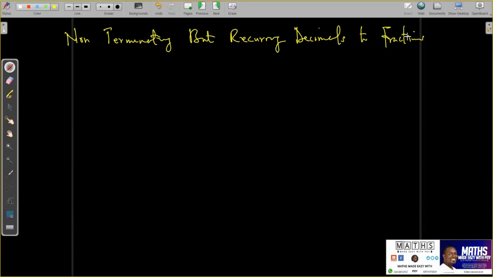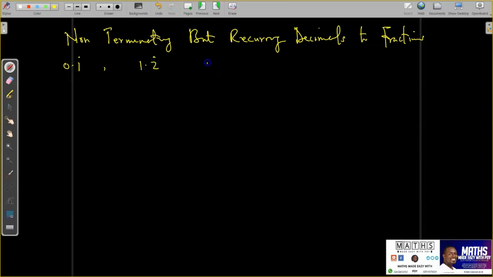All right, so I gave you some examples of non-terminating but recurring decimals, for which I said that we may have 0.1 with a dot on top, and the dot means the 1 is recurring. We may also have 1.2 with a dot on top of the 2, meaning that the 2 is recurring.